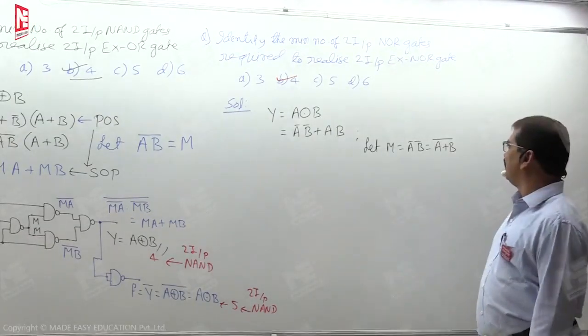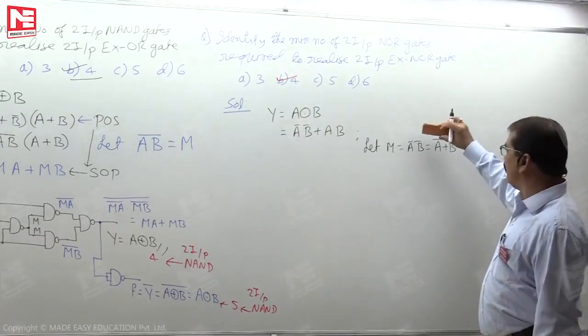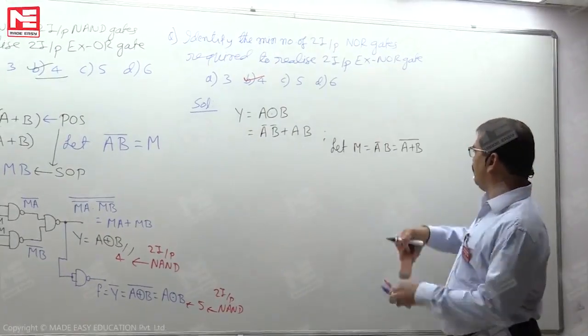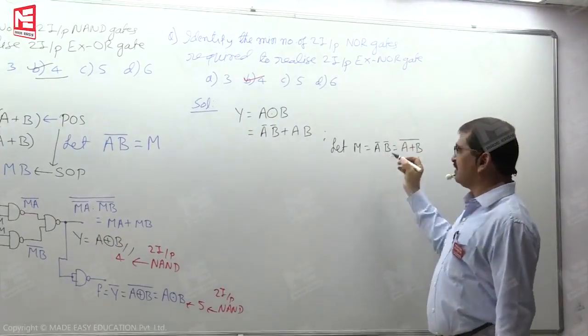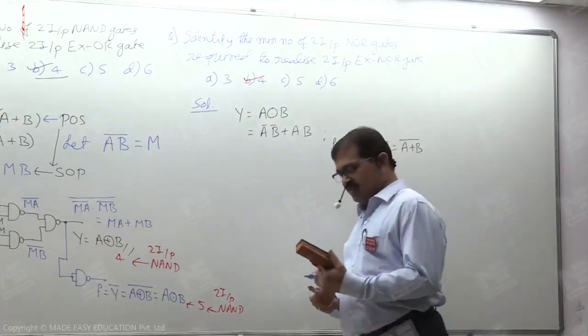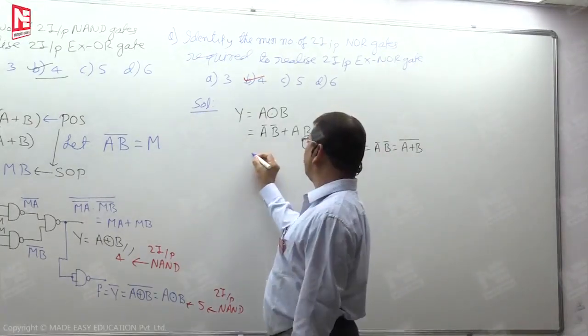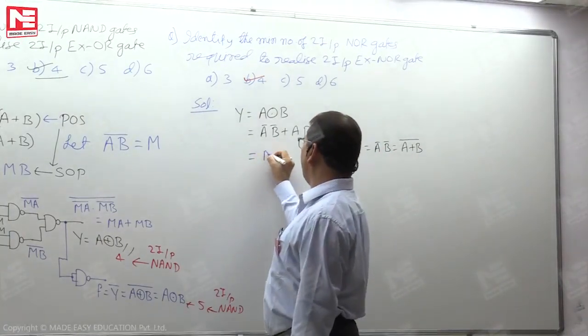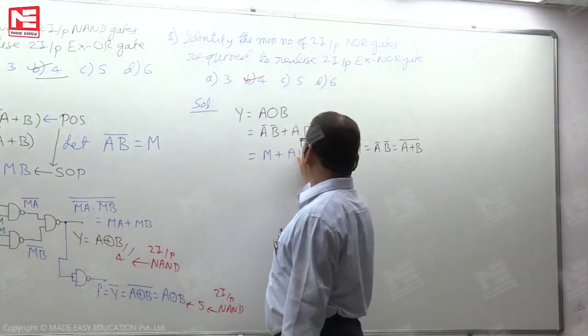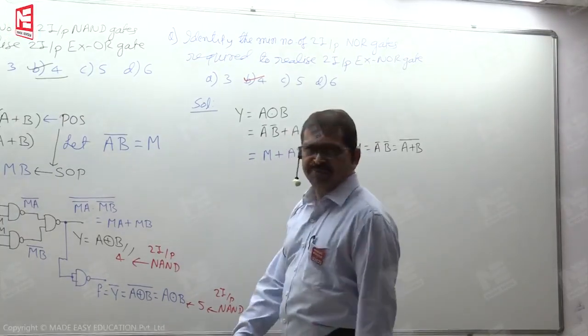It is nothing but (A or B) whole complement. Now, let us substitute this A complement B complement as M. So, M plus AB.